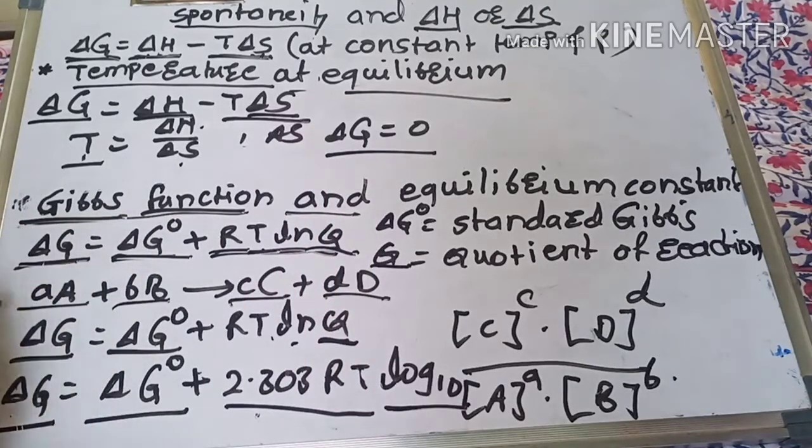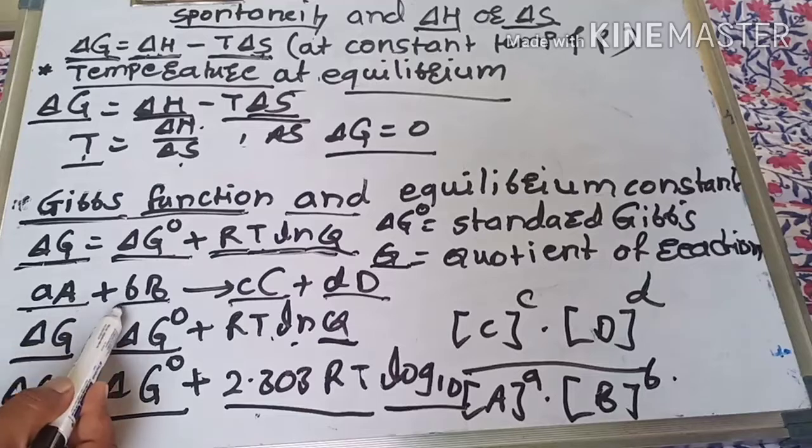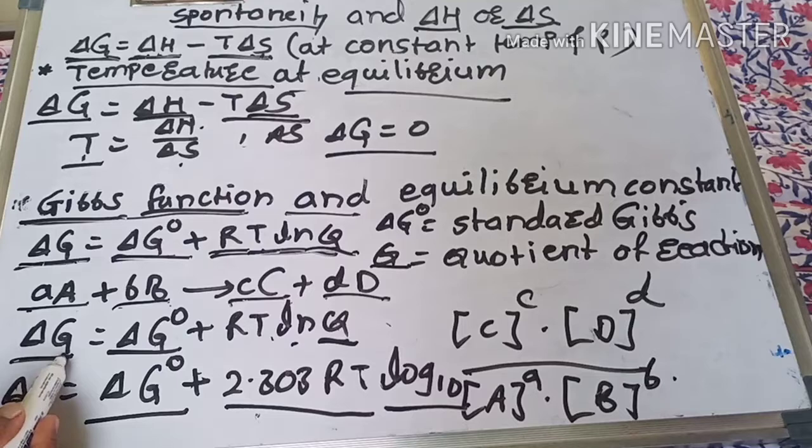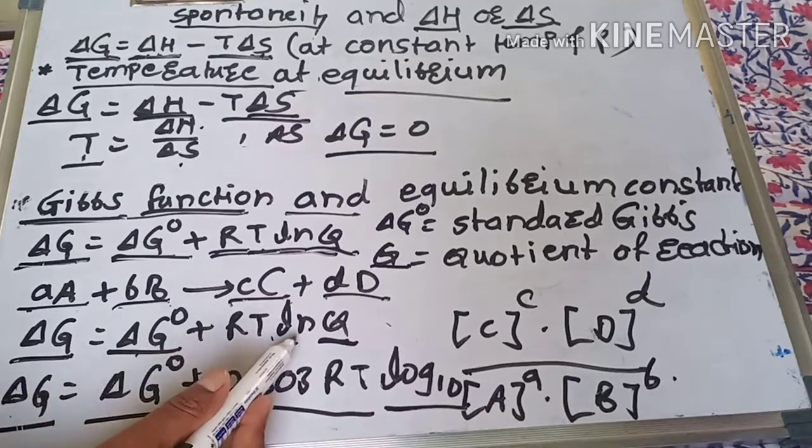Consider a hypothetical reaction aA plus bB gives cC plus dD, then delta G is equal to delta G0 plus RT ln Q.